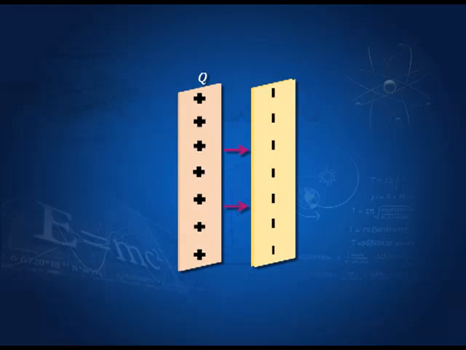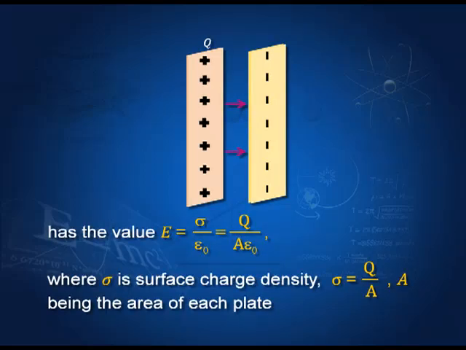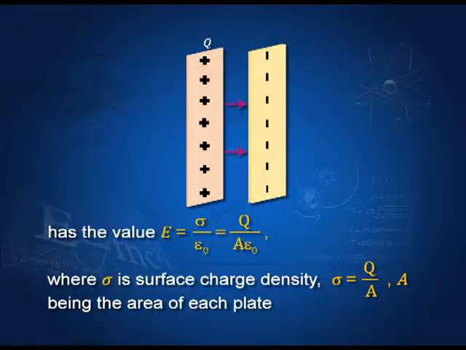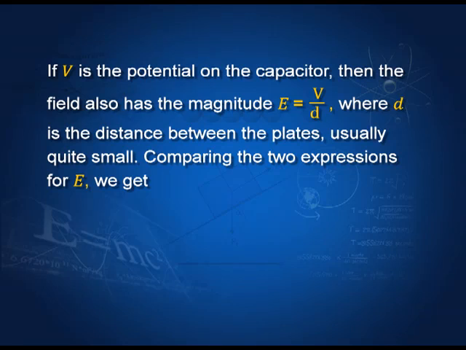The field at a point in between these two parallel plates, as I have discussed already, is sigma by epsilon 0, and if q is the charge on any of these plates, then the charge density is q by A, where A is the area of this plate, and therefore, the electric field is q by A epsilon 0. If V is the potential difference, then the field also has the magnitude E equal to V by d.